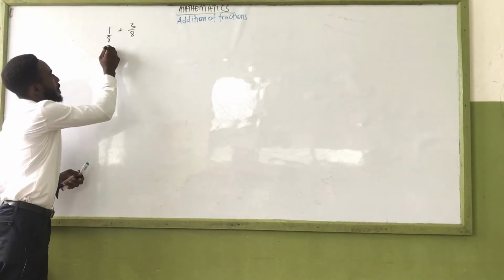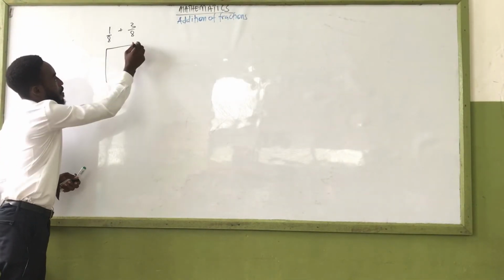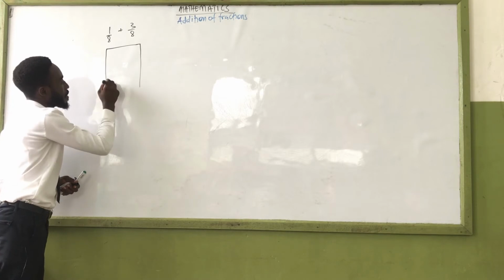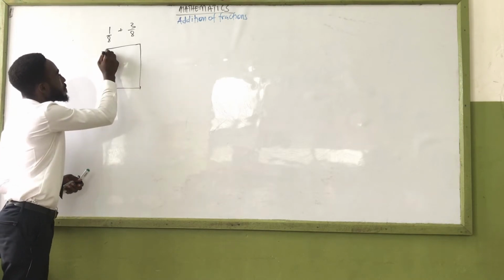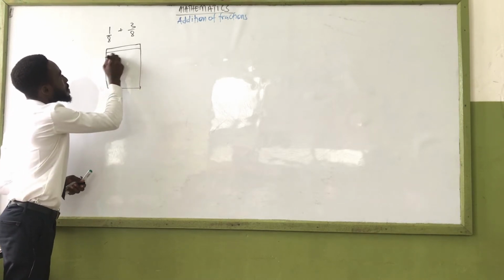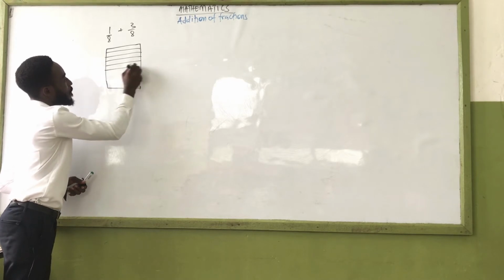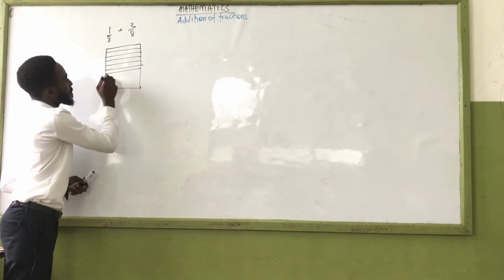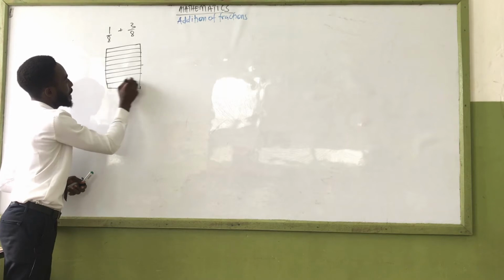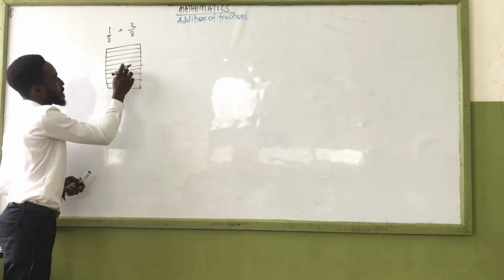Right, we'd have something like this. 1, 2, 3, 4, 5, 6, 7, and then 8.